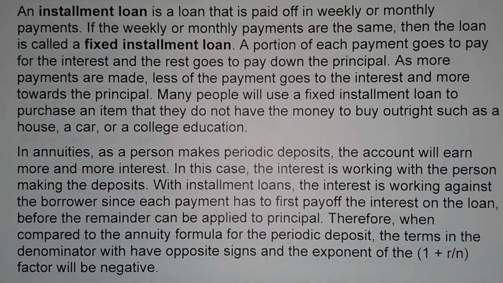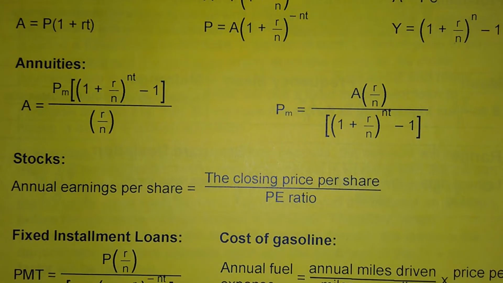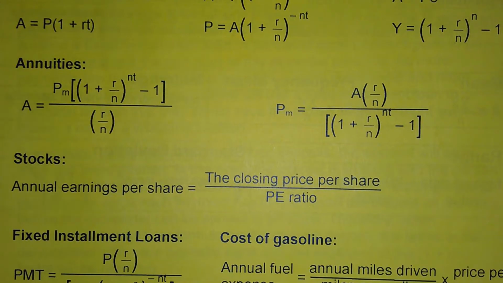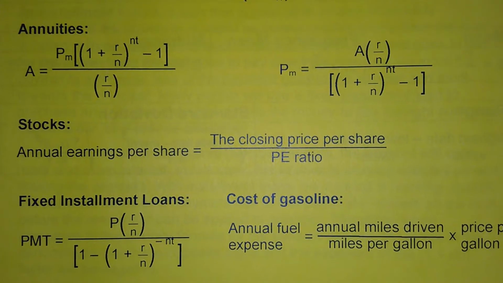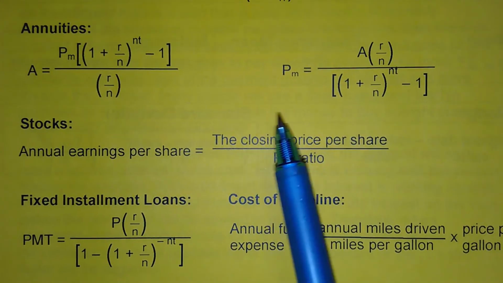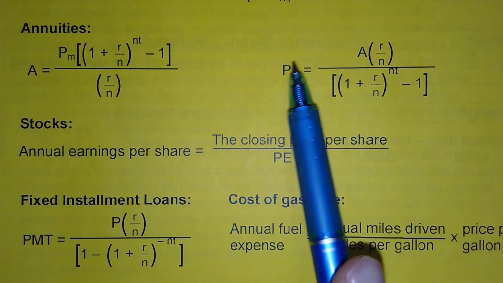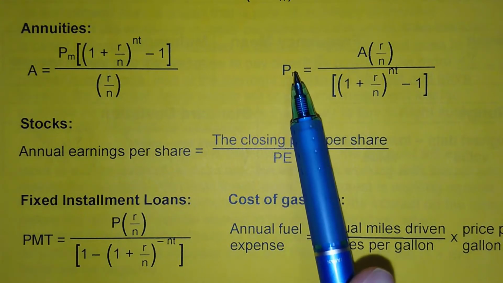Therefore, when you compare it to the annuity formula for the periodic deposit, in terms of the denominator, with having the opposite signs, the exponent of 1 plus R over N factor will be negative. All right, so let's see what we're talking about here. If we take a look at these two formulas, this is the annuity formula, where you calculate how much you have to deposit every so often.